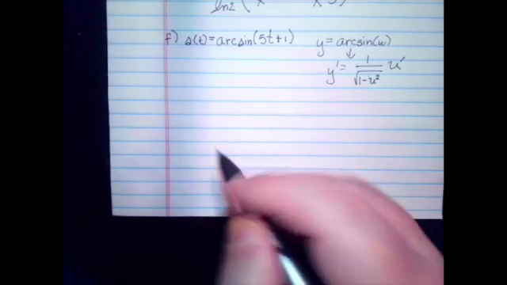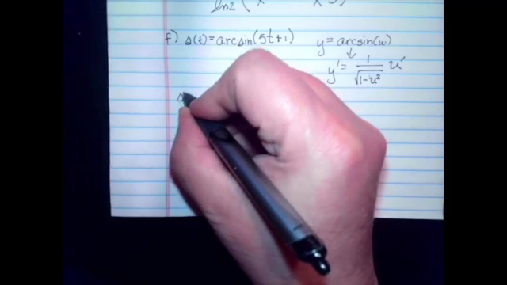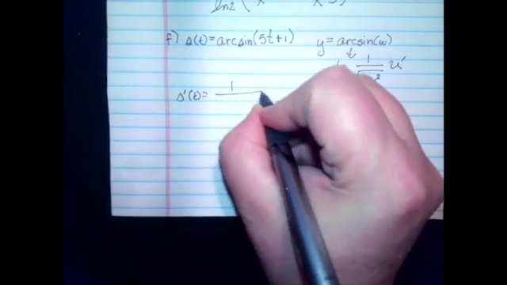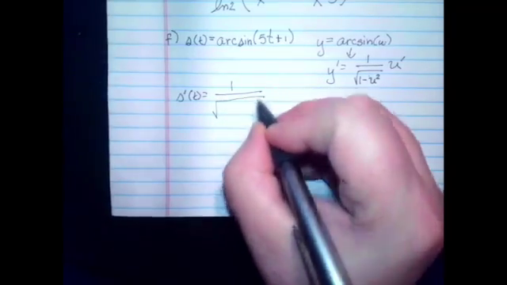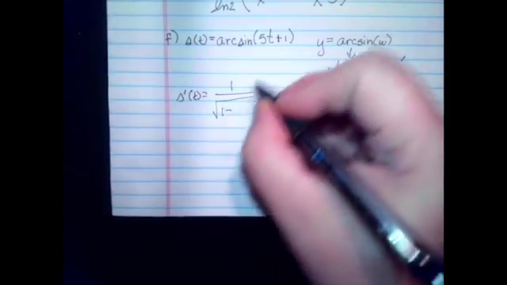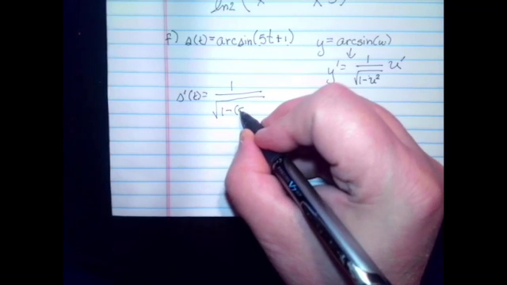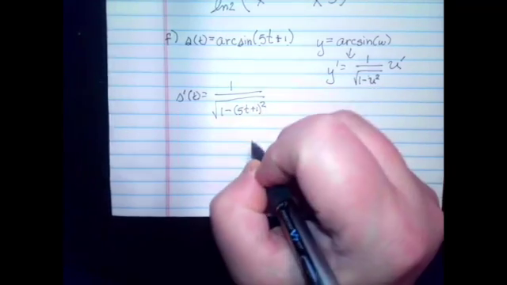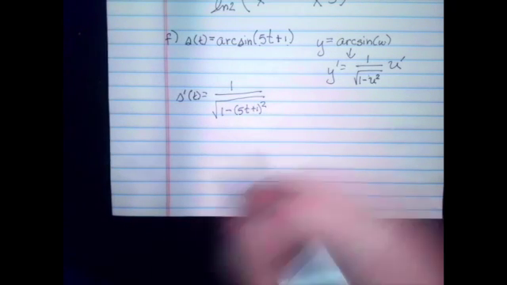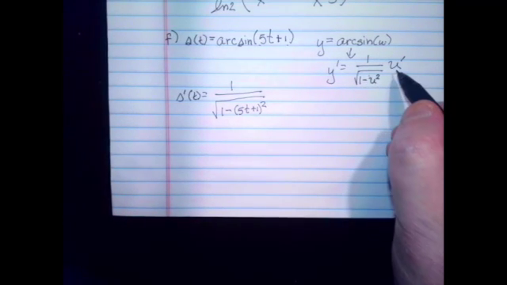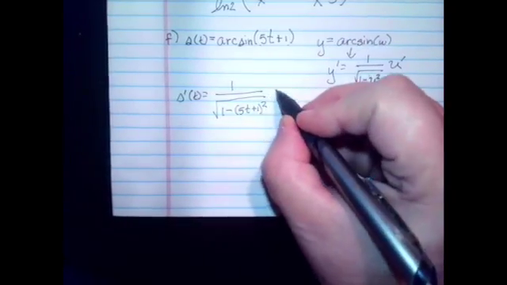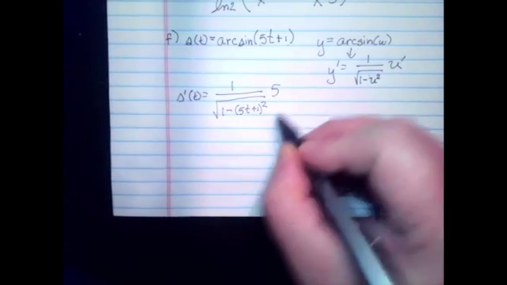times u prime. So again, the u is what you're taking the arc sine of, and u prime is the derivative of that thing. So in our case, we'll have s prime of t is 1 over the square root of 1 minus the square of 5t plus 1. That's this part. And now we need to multiply by u prime, which is going to be the derivative of the inside function, and that's 5.